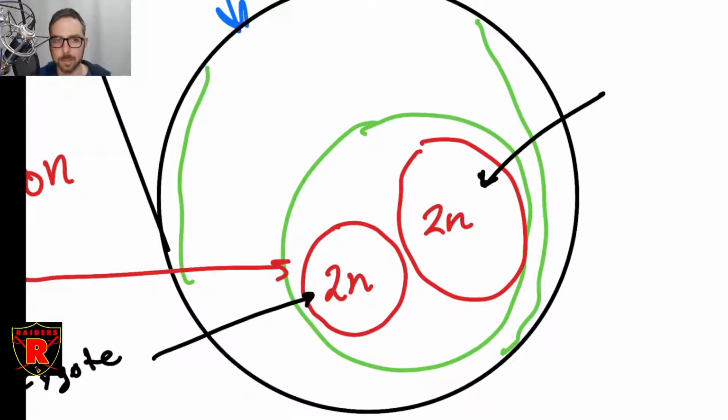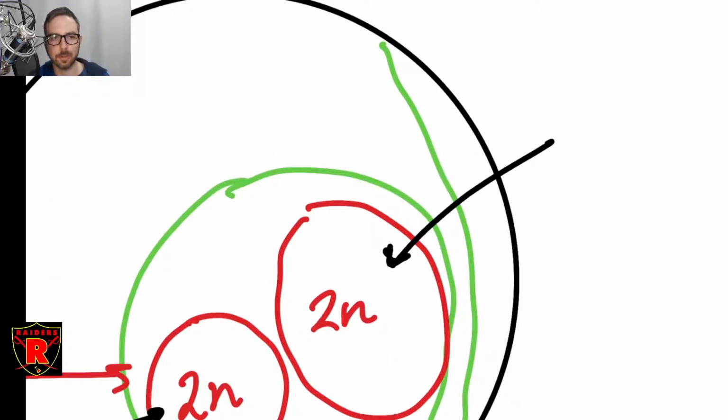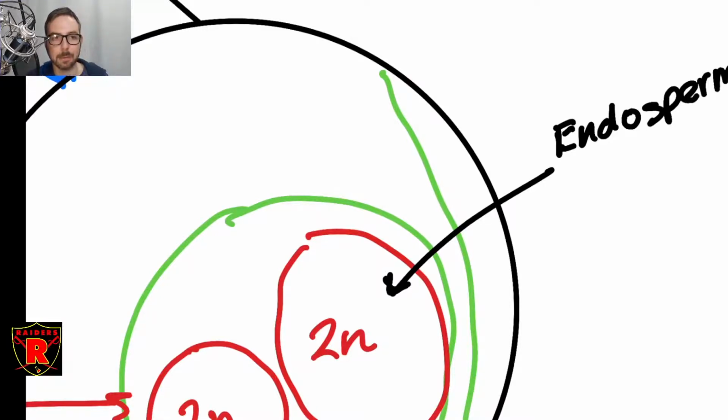They don't have this double fertilization, as far as I know. So the second fertilization is going to form endosperm. And endosperm is basically going to become a food supply for the seed.